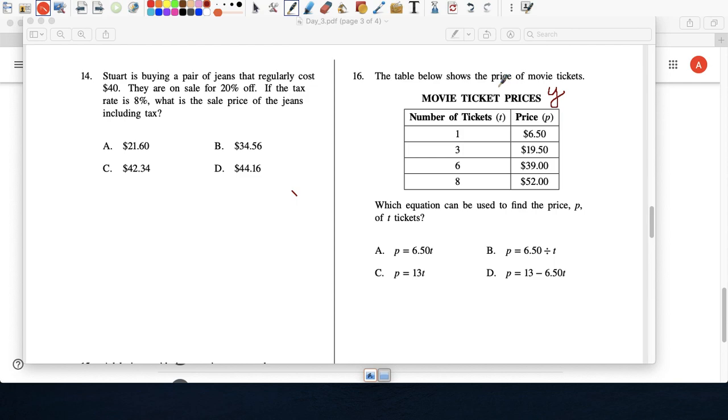Remember, this would be your y and this would be your x, because the price depends on the number of tickets. So this is your dependent and this is your independent variable.